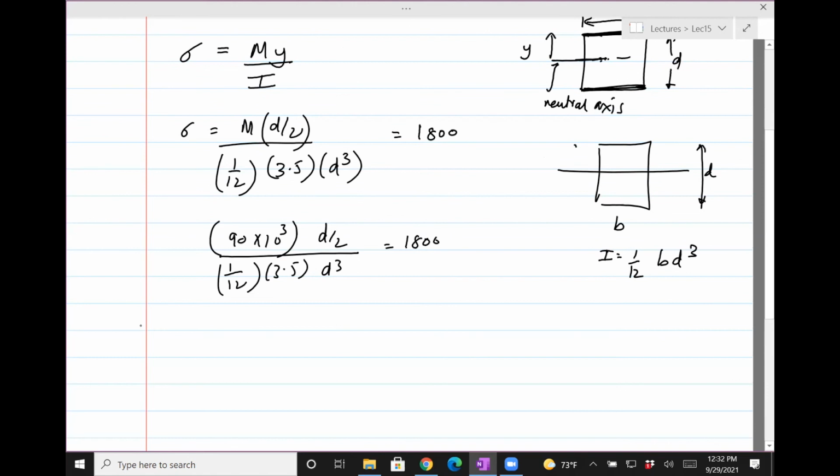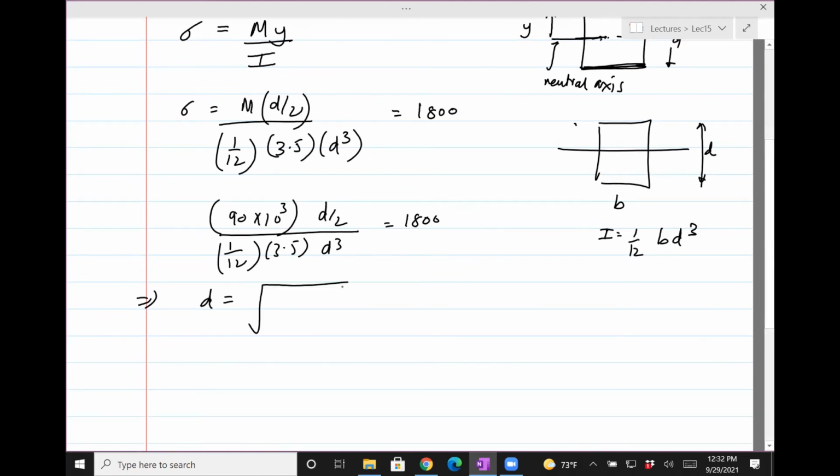And so you eventually get a quadratic equation. There's a D squared, but that's not too hard because you just have to take the square root of everything when you simplify. And if you compute the depth, then you get 9.258.